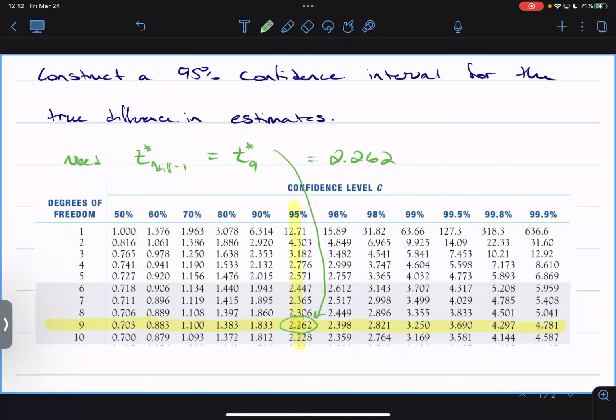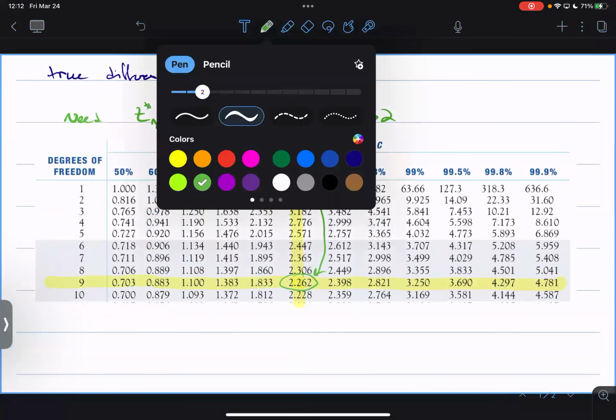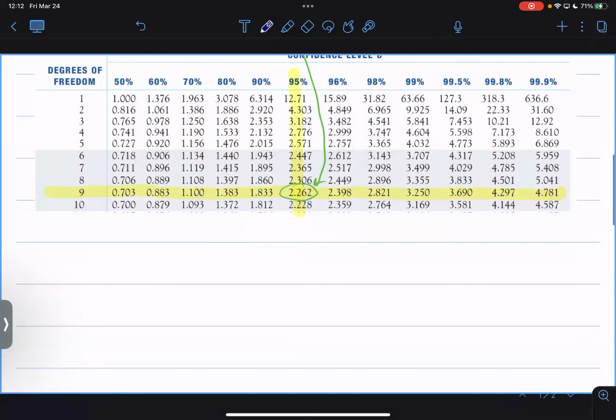All right, everything else we already had, and that's not even that much work. So here we go. X bar of the differences plus minus T star at 9 degrees of freedom. You can drop the degrees of freedom subscript. It's just meant as a reminder. S diff over the square root of n diff.